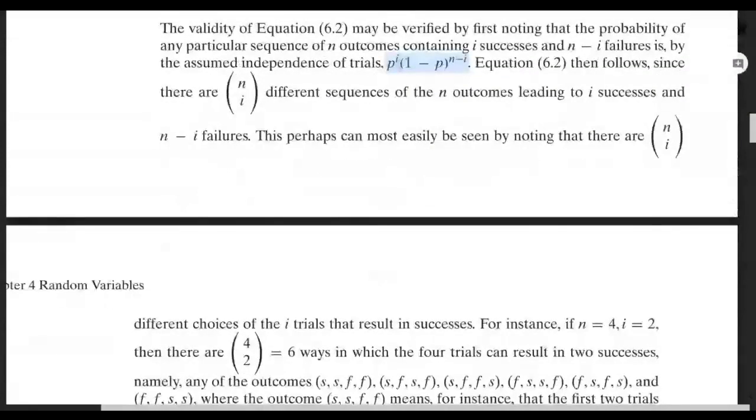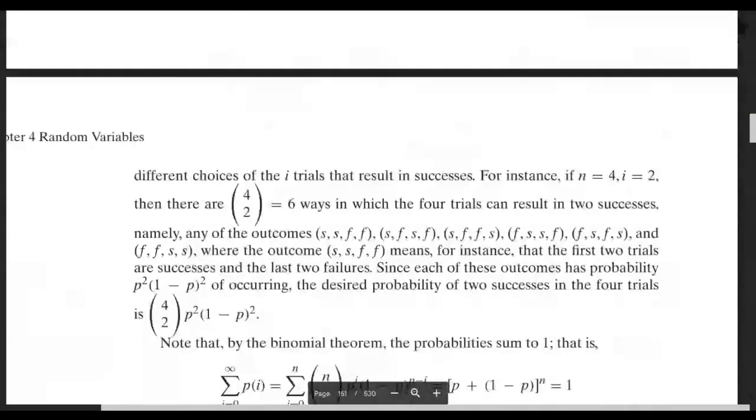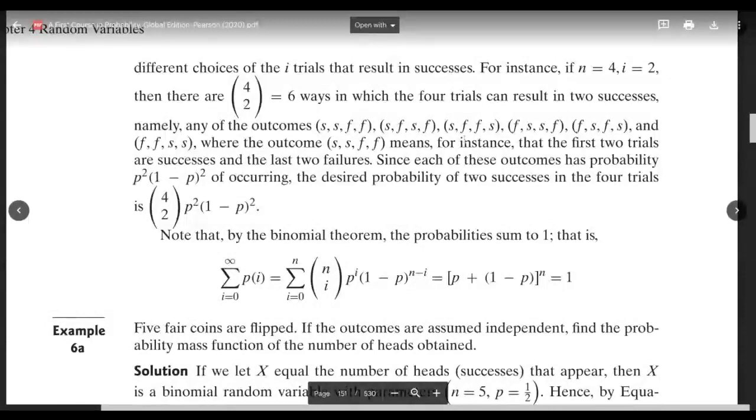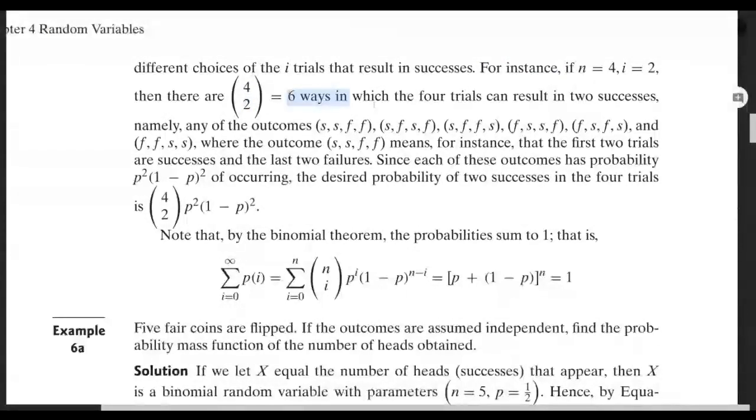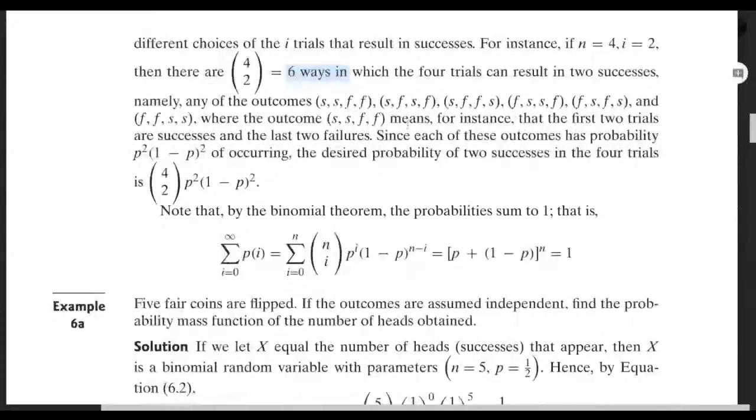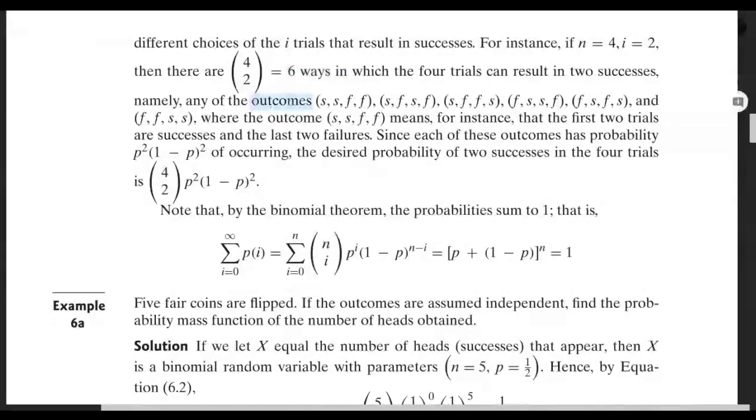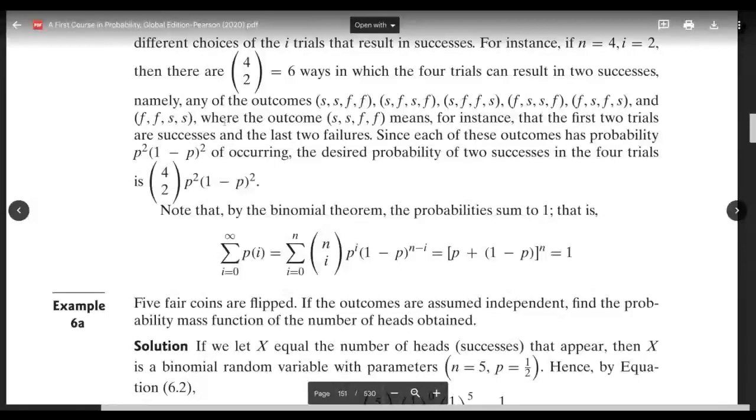This perhaps can most easily be seen by noting that there are n choose i different choices of i trials that result in successes. So given an example, if n equals 4, i equals 2, then out of 4 trials, the 2 successes can occur in 6 different ways, namely, any of the outcomes: success, success, failure, failure; success, failure, success, failure; and so on. So this is a list of those 6 ways.